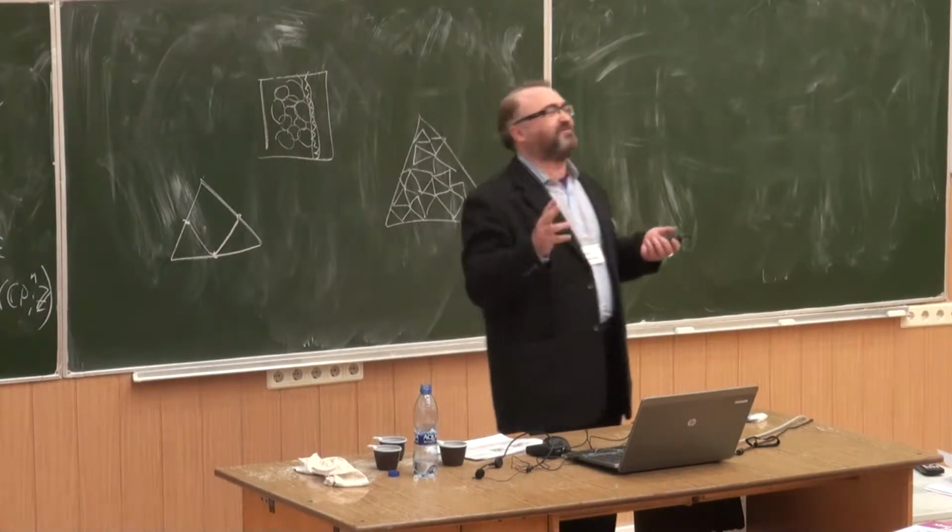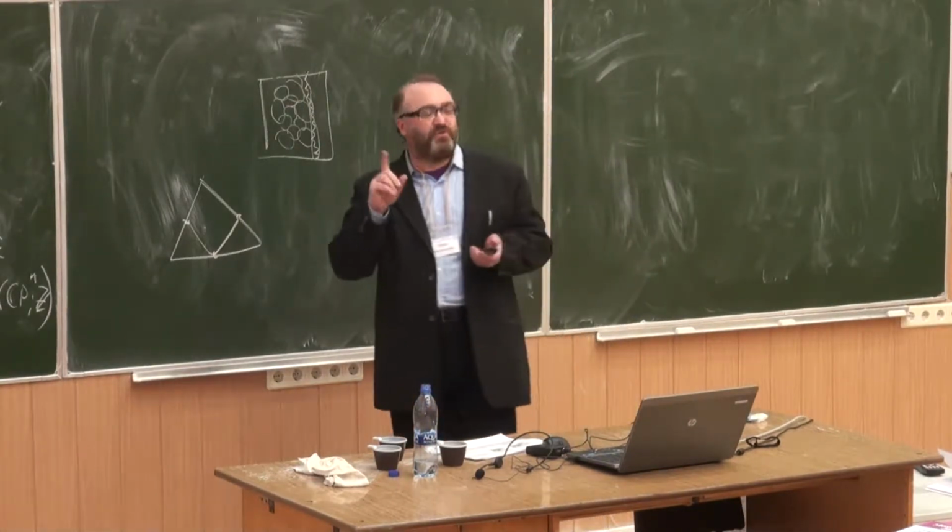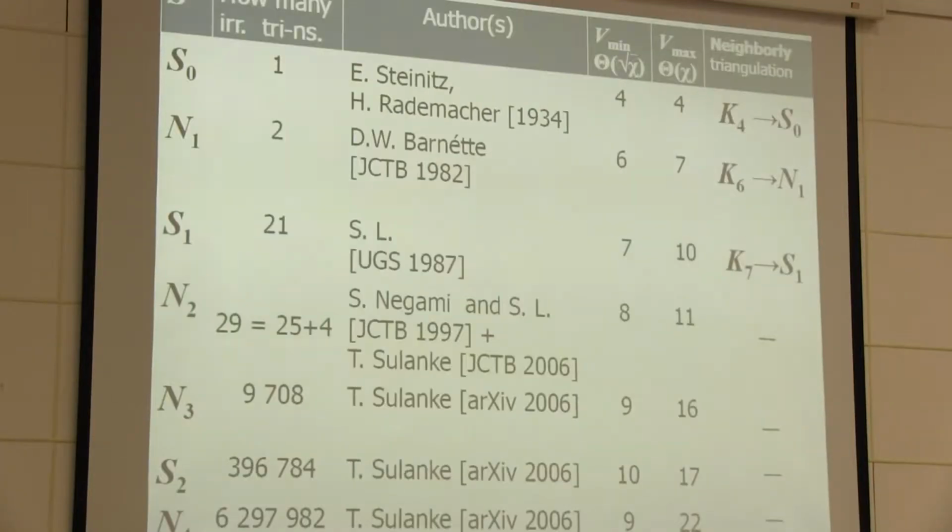The number of irreducible triangulations is finite for any closed surface. And of course the question occurs, what do we know about surfaces of small genus? Here is the table in which I wrote all the results known to date.